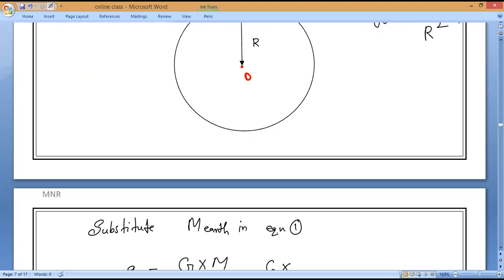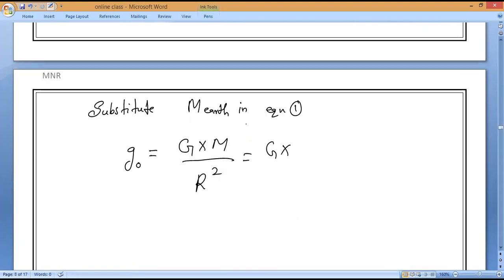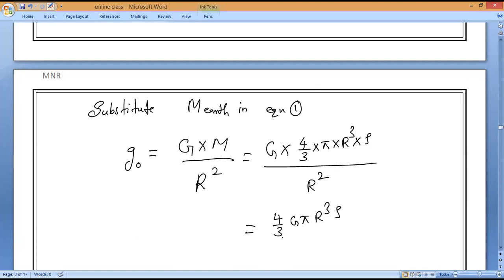Rho means density. So it is 4 by 3 into pi into r cube into density divided by r square. Now I can write this as 4 by 3 G into pi into r cube into density into 1 by r square. Is it right or wrong, everybody?